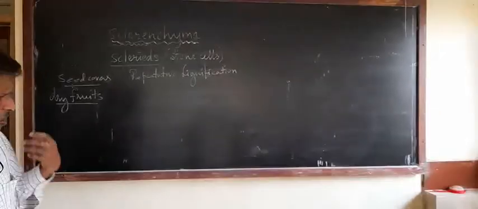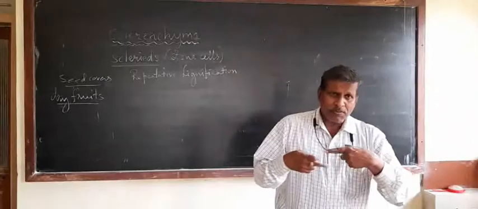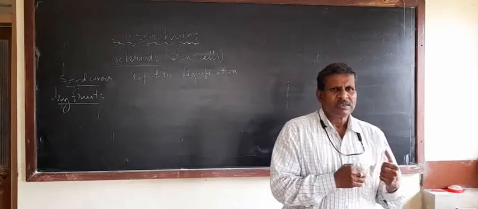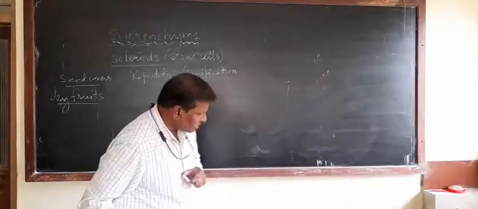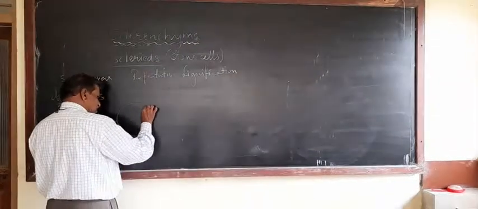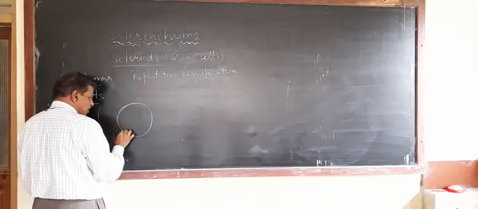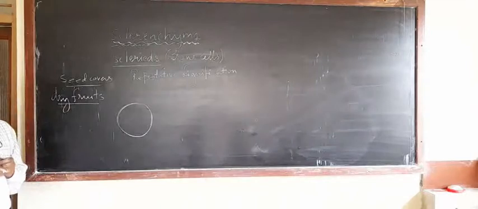Repetitive lignification means the lignin deposition is not going to occur once. It is going to occur periodically, one after the other. There are many periodic intervals of lignification. Say for example, just consider that this is a cell. In this cell, there is a primary wall that is present. The cell wall is usually thin.